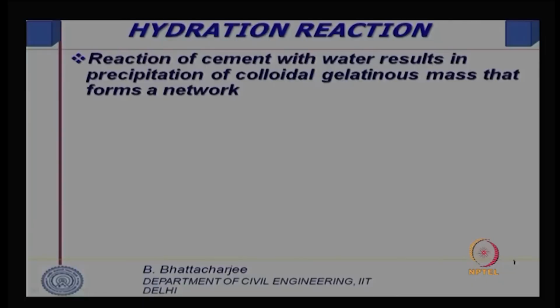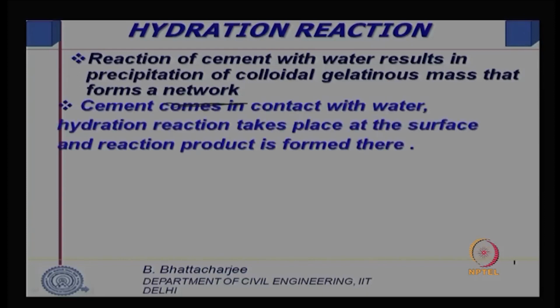The reaction of cement with water results in precipitation of a colloidal gelatinous mass, and this forms a network. When cement comes in contact with water, the hydration reaction takes place at the surface and the reaction product is formed at the surface itself.